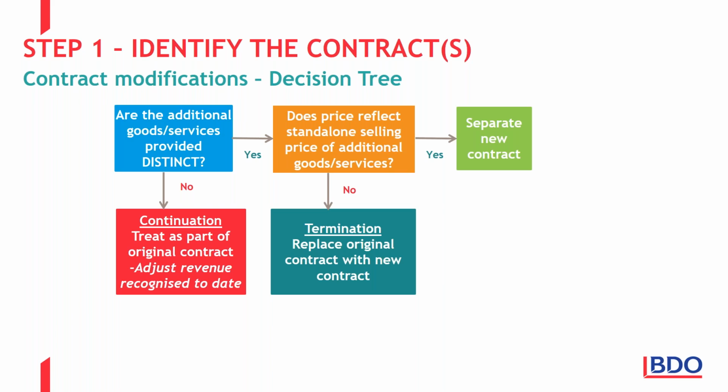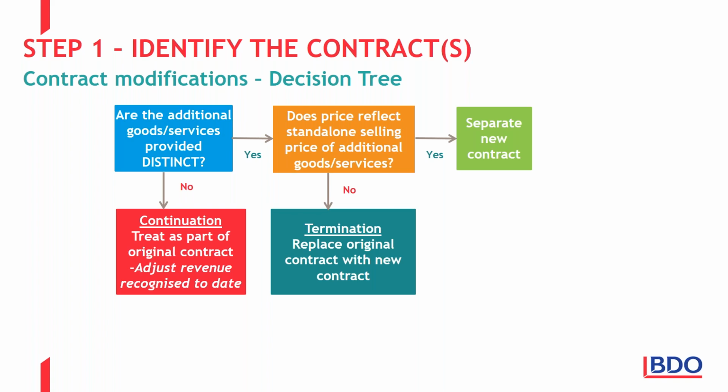You could have a termination, so we end the previous contract, and whatever's left unfulfilled on the original contract and the new one is grouped together and we start all over. Or we can have a brand new, separate new contract.